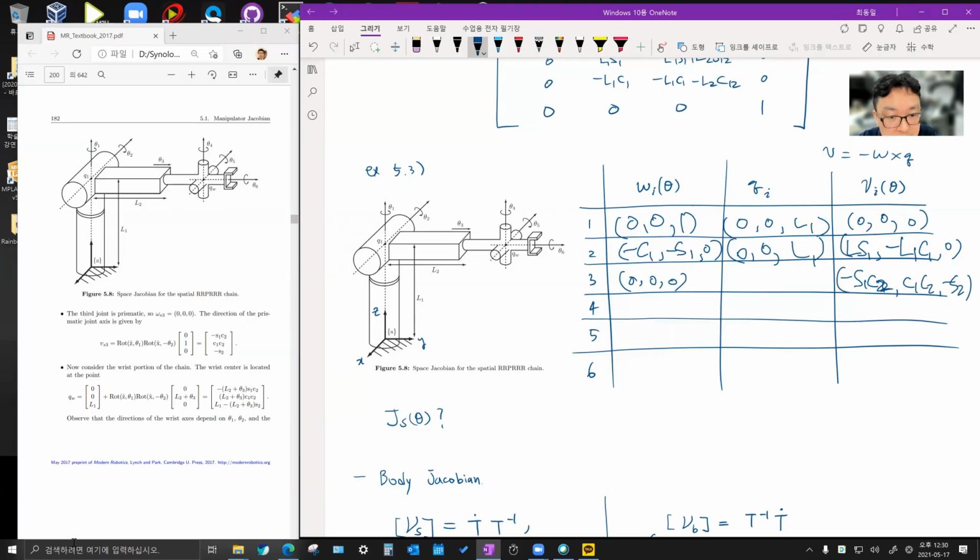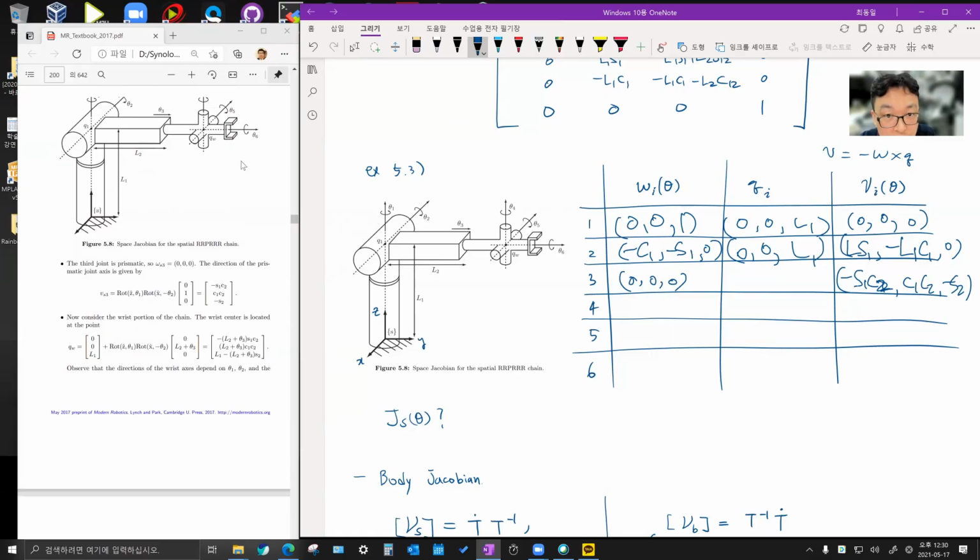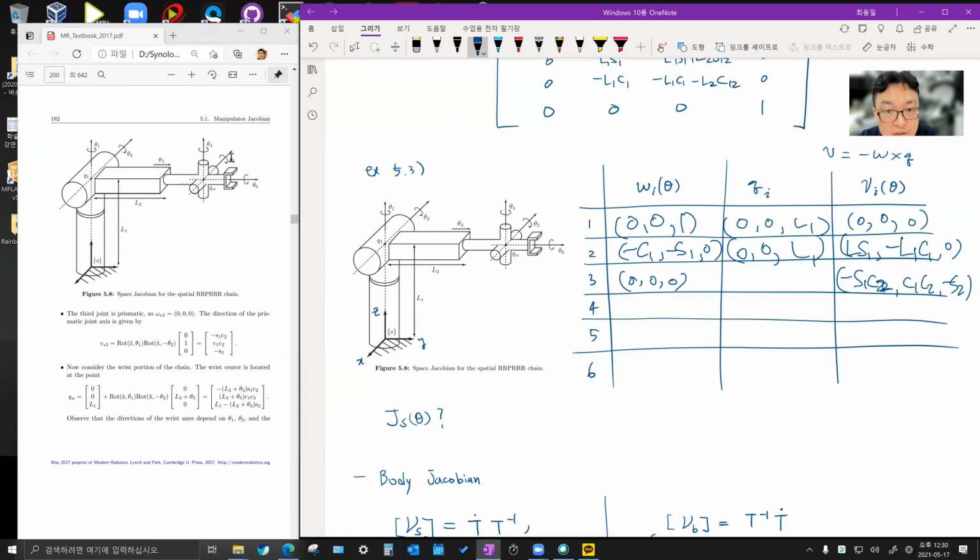And then about the fourth joint, in joints 4, 5, 6, there is one intersection point where these three axes coincide. So let's find this point, Q omega, the QW point.